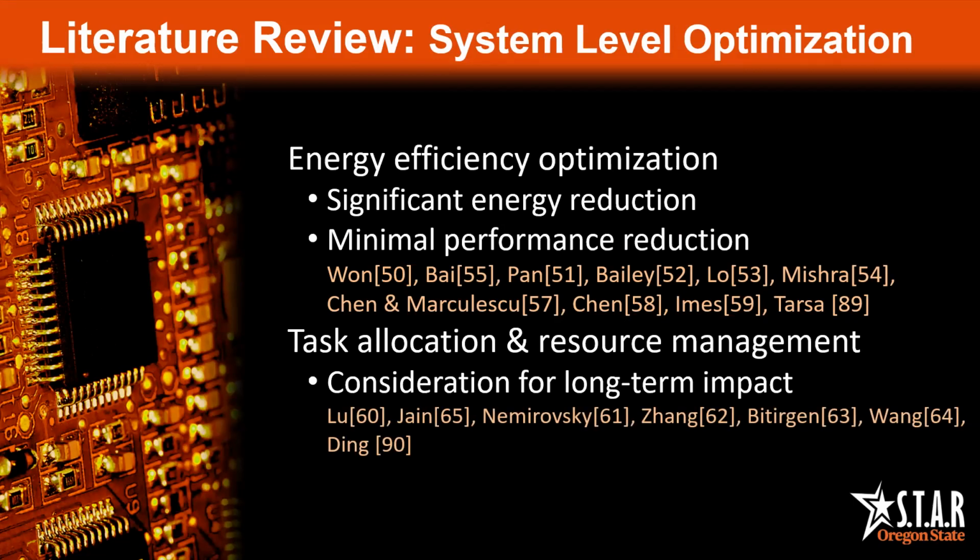Machine learning models have also shown strong performance in task allocation and resource management due to their ability to consider the long-term impact of actions or configurations. This advantage was observed by Liu, who proposed a thermal-aware reinforcement learning method for task allocation. Comparison with a heuristic algorithm shows temperature reductions of up to 8.1 degrees Celsius in some workloads.